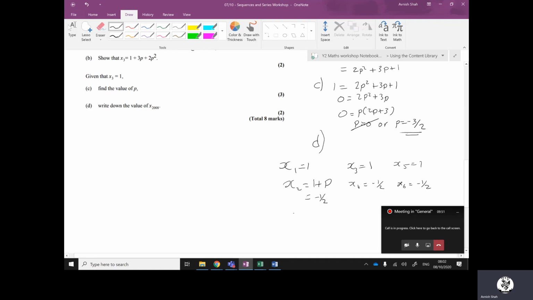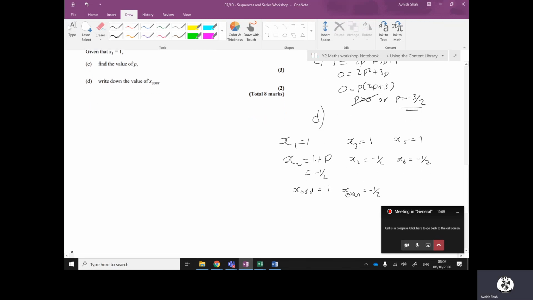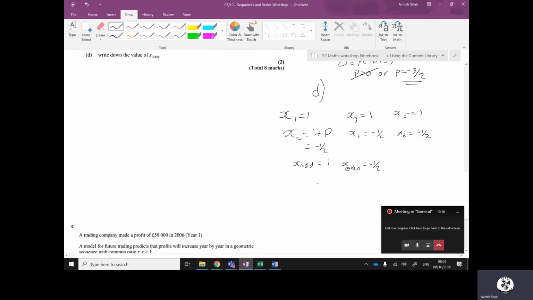And so we can see x odd is 1, and x even is minus a half. Well, 2008 is even, so x 2008 must equal minus a half. Right, so that's the second question.